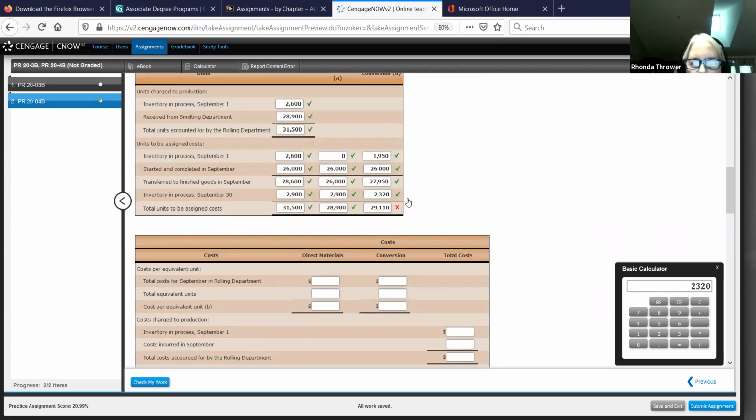So now we need to combine 27,950 with the 2320, and that will give you the total equivalent units. So 2320 plus 27,950 will give you 30,270 units.